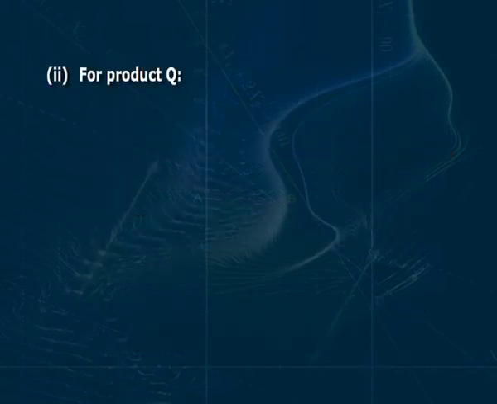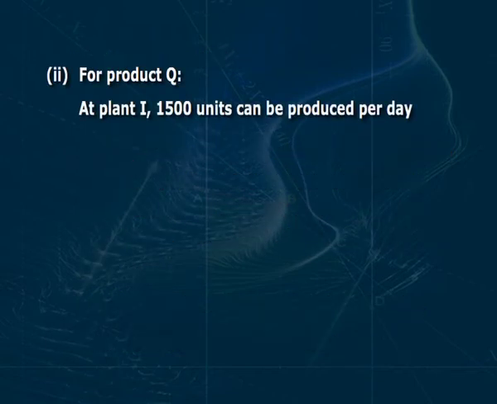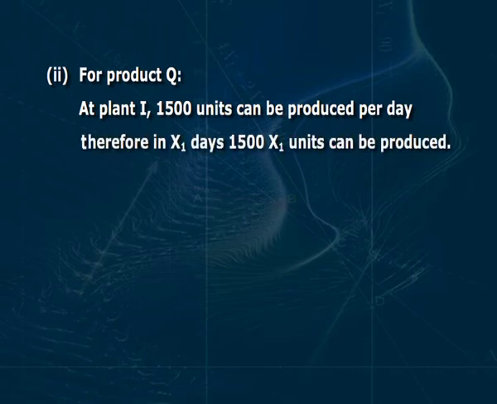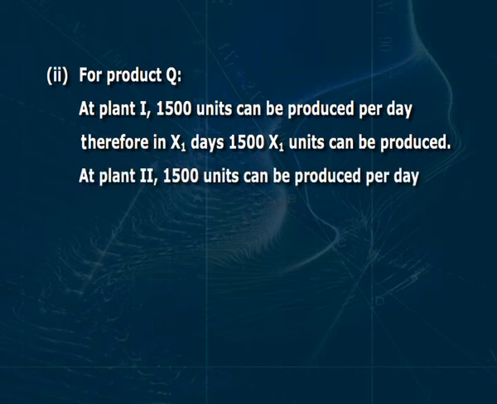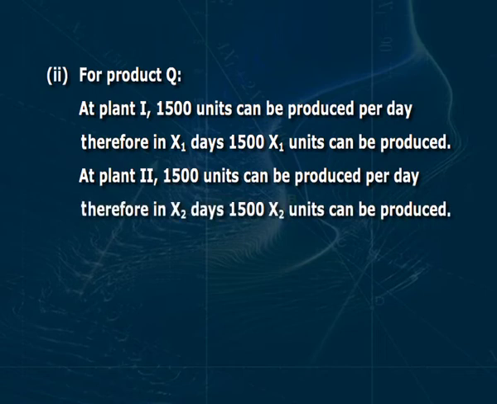Now for product Q. At plant 1, 1500 units can be produced per day. Therefore, in x1 days, 1500 x1 units can be produced. At plant 2, 1500 units can be produced per day. Therefore, in x2 days, 1500 x2 units can be produced.